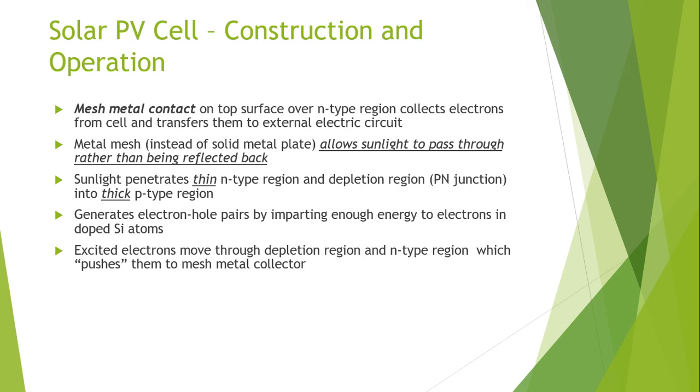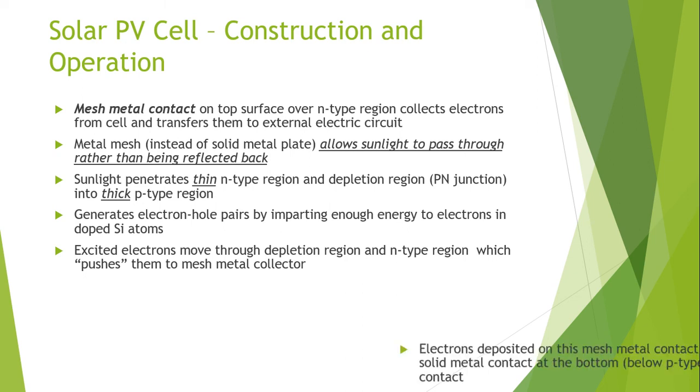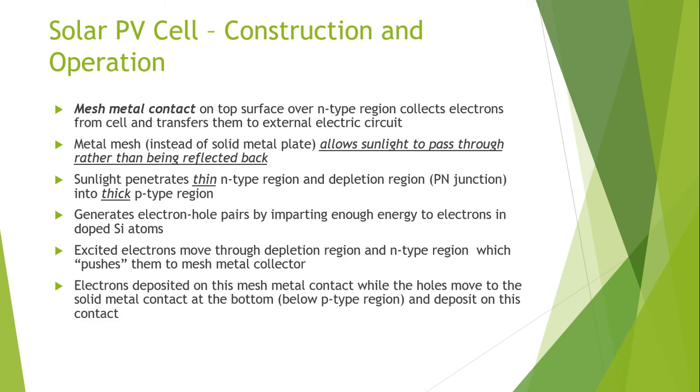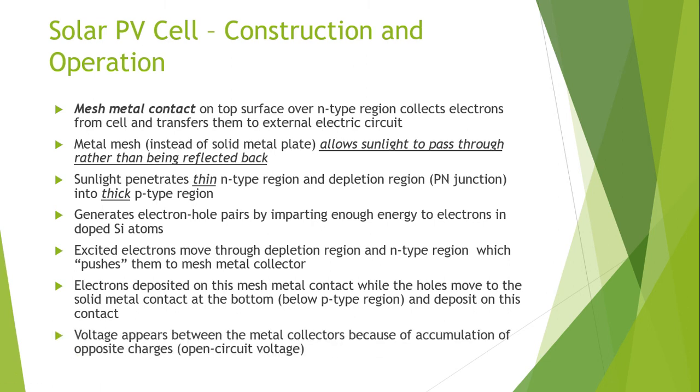Excited electrons move through the depletion region and N-type region, which pushes them to the mesh collector where the electrons are being collected. Electrons deposited on this metal mesh contact, while the holes move to the solid metal contact at the bottom below the P-type region and deposit on this contact.